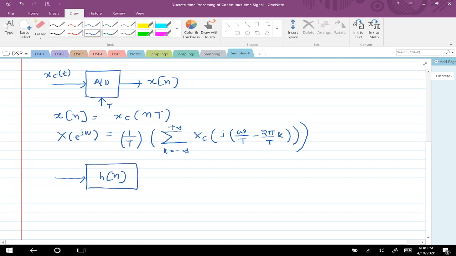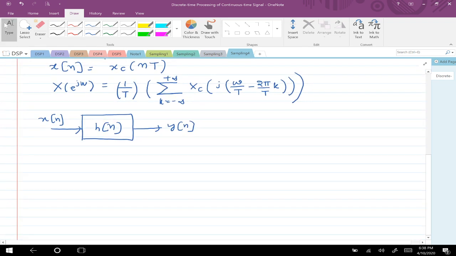This x of n is coming as an input here, and as an output you are getting y of n. This is very simple, right? Let's write the time domain relationship. Y of n is equivalent to h of n convolved with x of n, isn't it?